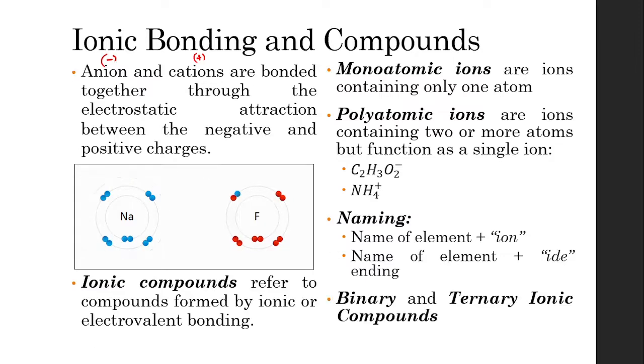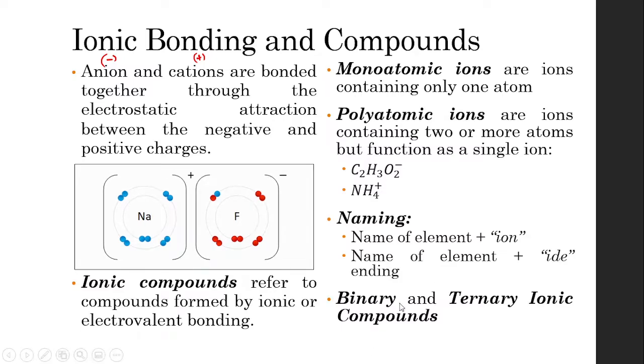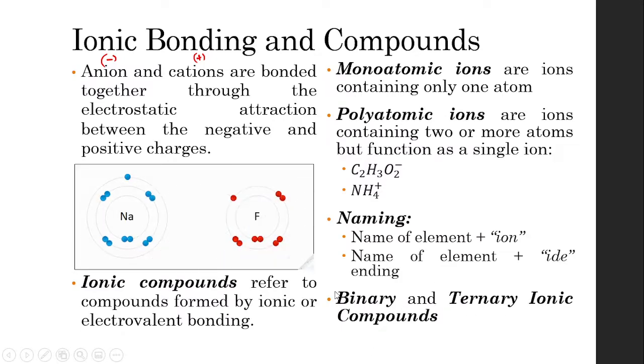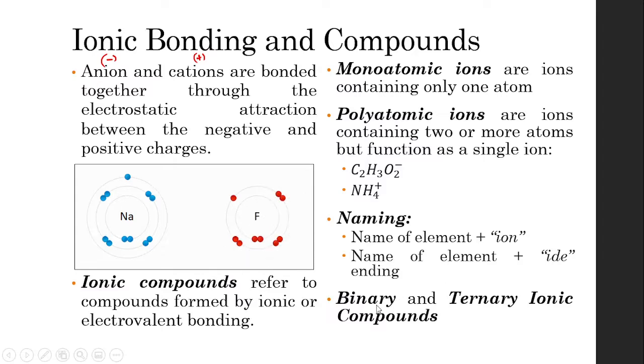And lastly, we have what we call the binary and ternary ionic compounds. Binary ionic compounds are basically a combination of two monoatomic ions, such as our sodium and our fluorine combined together. So our NaF here, or sodium fluoride, becomes a binary ionic compound.